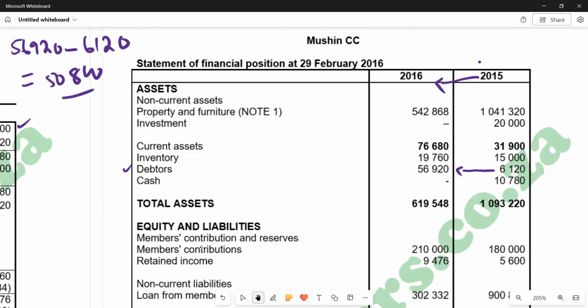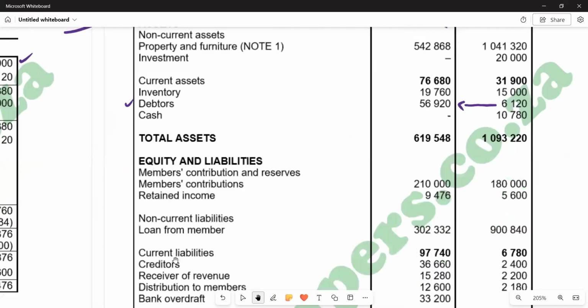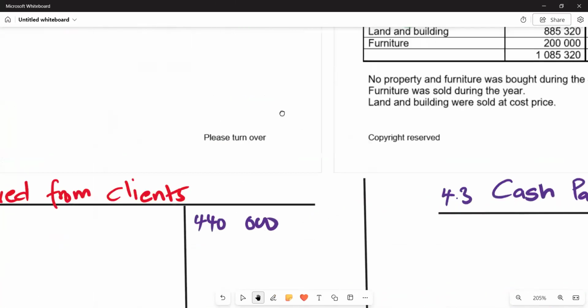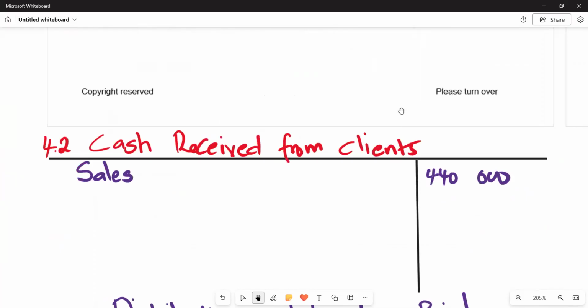And you said if it's an increase, we're going to show it as a negative. So we go to our answer section and I put that one as our increase in debtors. So here we have our increase.